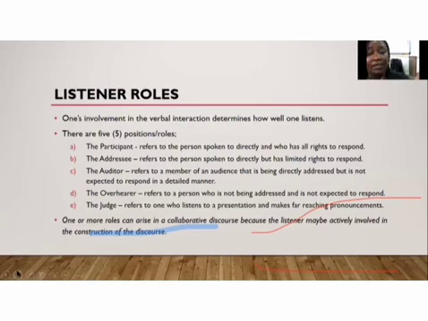For example, in a court of law, you see the lawyers argue their case, the judge listens to those presentations, and at the end of the day, it is the judge who makes the pronouncement whether the person is guilty or not guilty.